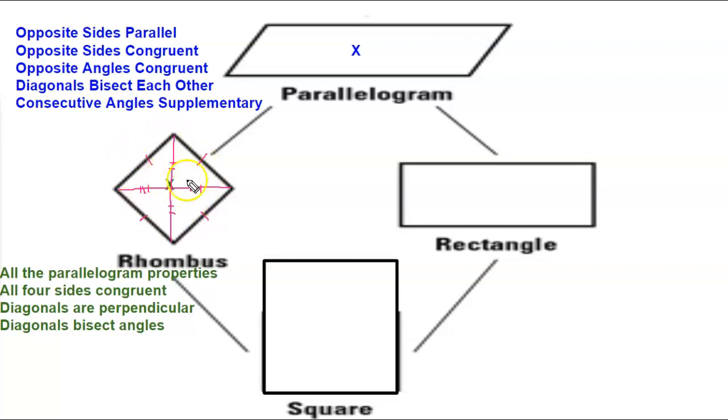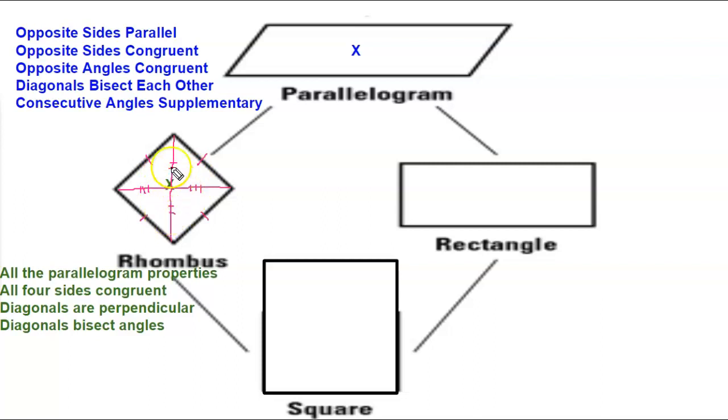And because of that information, knowing it's a parallelogram and knowing that all four sides are congruent, notice that we have three sides of a triangle for all four of these triangles. We have side, side, side. All four of these triangles are congruent.